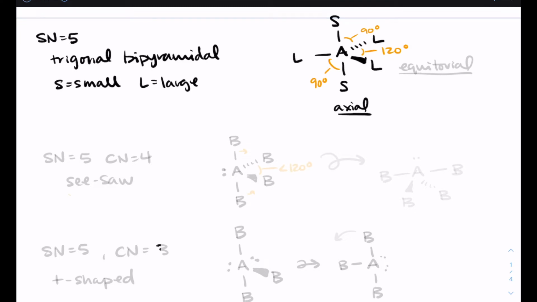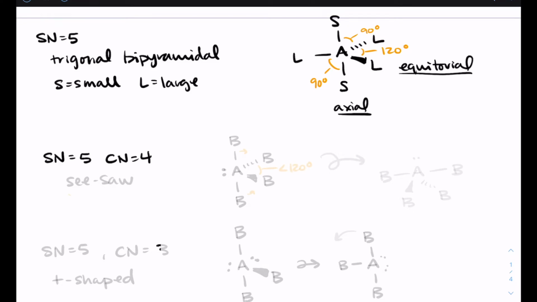That's considered a smaller space in the area around the central atom than the equatorial positions, where you have 120 degrees around you. All right, so when all 5 things are on here, we call it trigonal bipyramidal. Not as exciting as when we start to put in lone pairs.